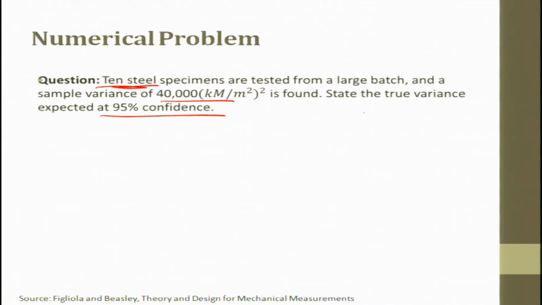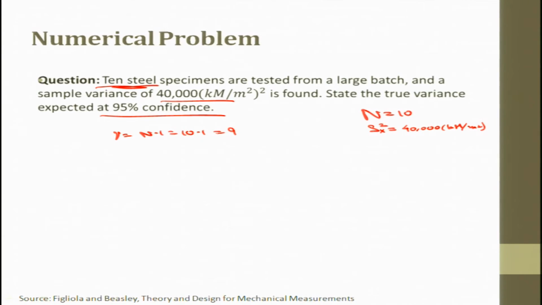We just know the value of n is equal to 10, and we know the value of Sx square, which is 4000 kilometer per meter square. So for this I have degrees of freedom equal to n minus 1, which is 10 minus 1, equal to 9.